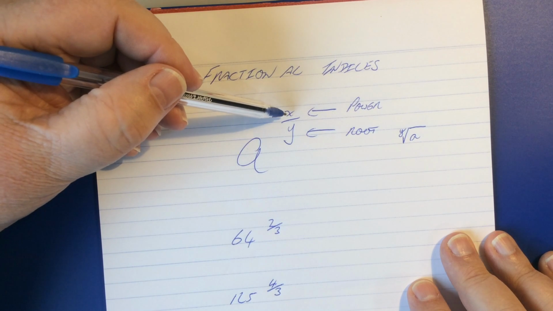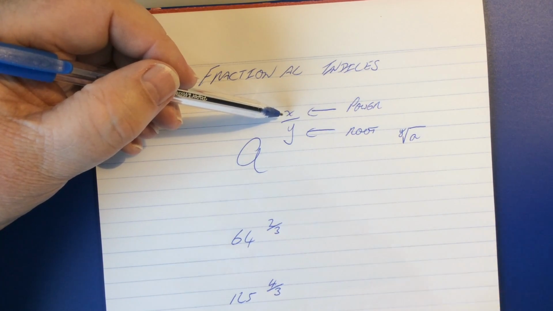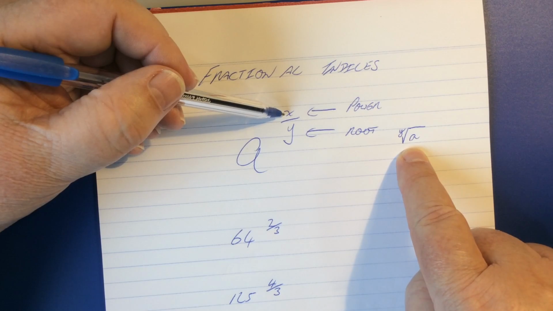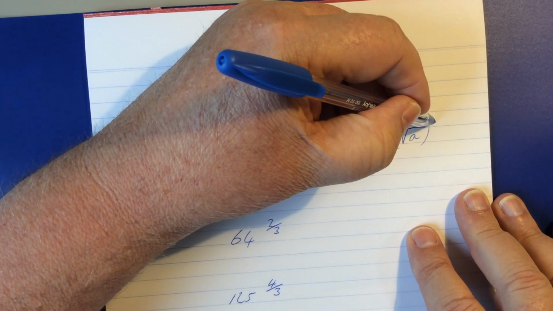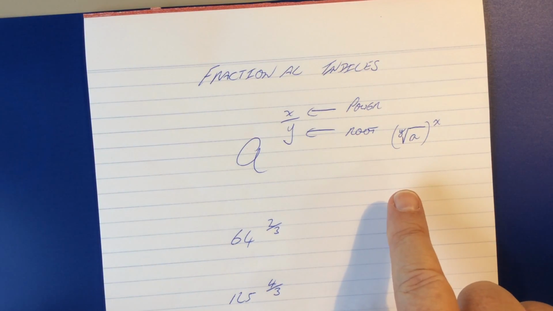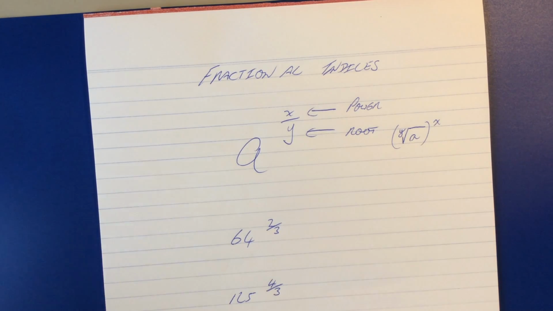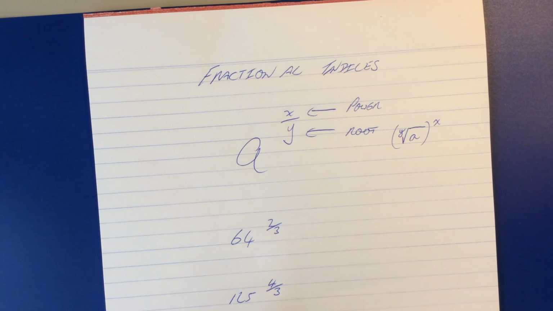Then, it's often easier to work with the denominator first, but not always. You raise whatever the result of this is to this power. So you could write this like that, and often you will see expressions written like this, and they can be translated between what you might call surd form and index form.